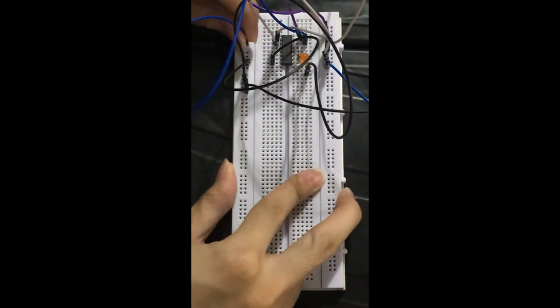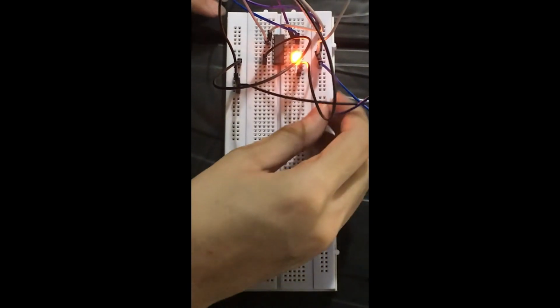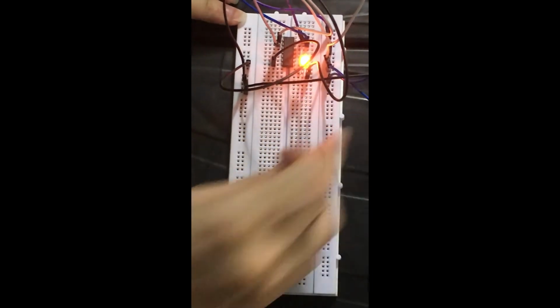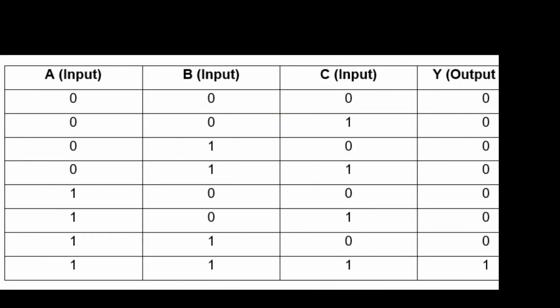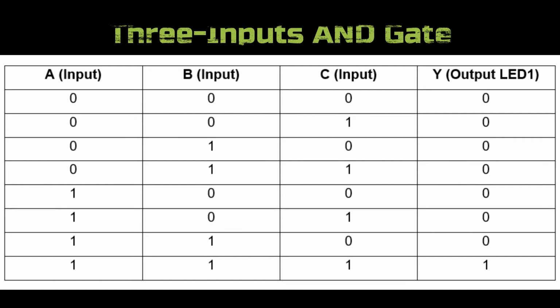For the last one, it is where the exception is. The inputs are all logic 1, which results in logic 1 or the LED is on. And here are the results.